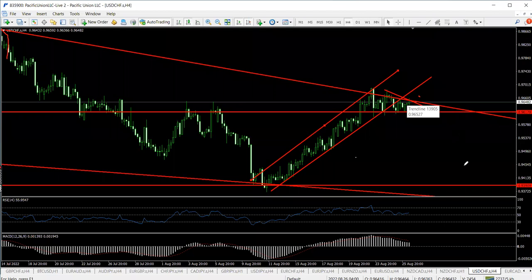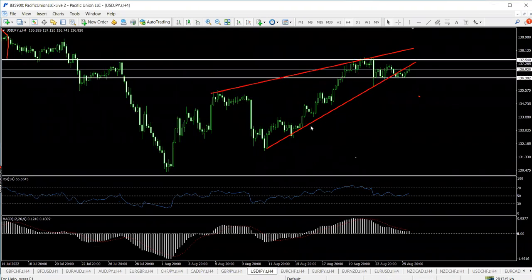And if USD CHF goes bearish, most likely USD JPY might go bearish also. For USD JPY, you also need to wait for the break of the support level, which is also acting like a neckline, because this is trying to form something that looks like a double top.